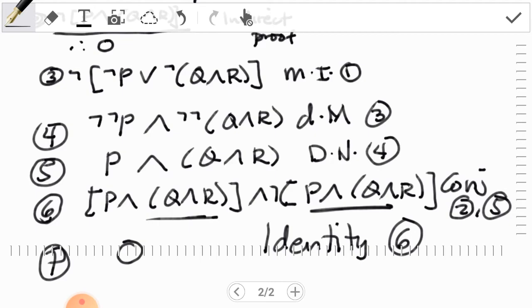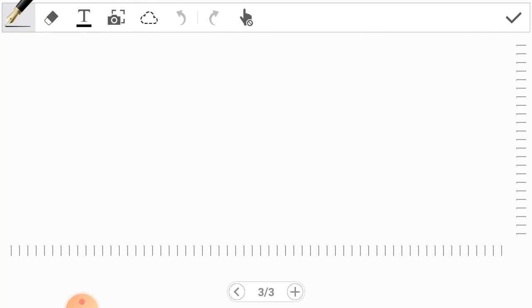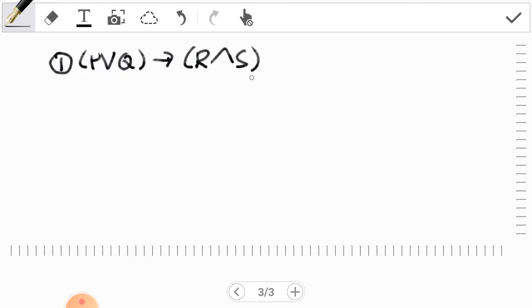Another example. Let's proceed with the second example in the homework. Premise number 1, we have P or Q implies R and S. Then we have P as the second premise.